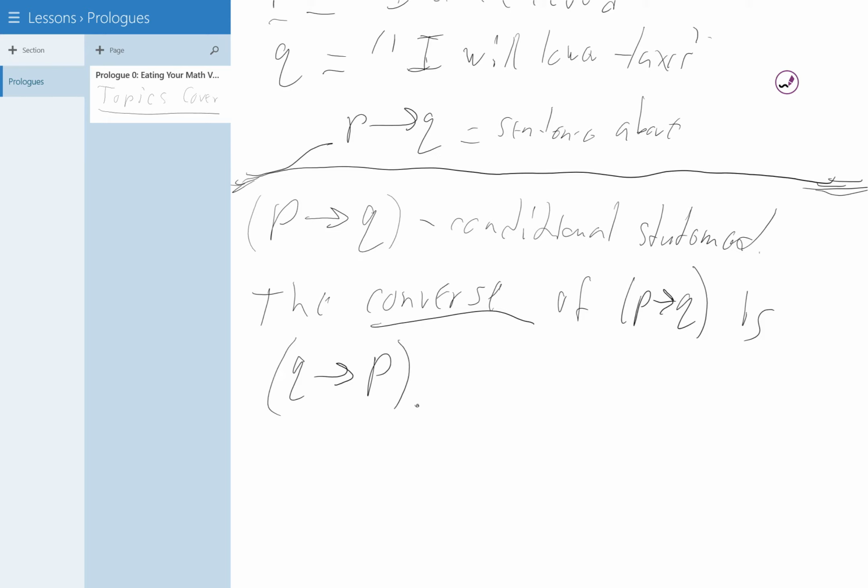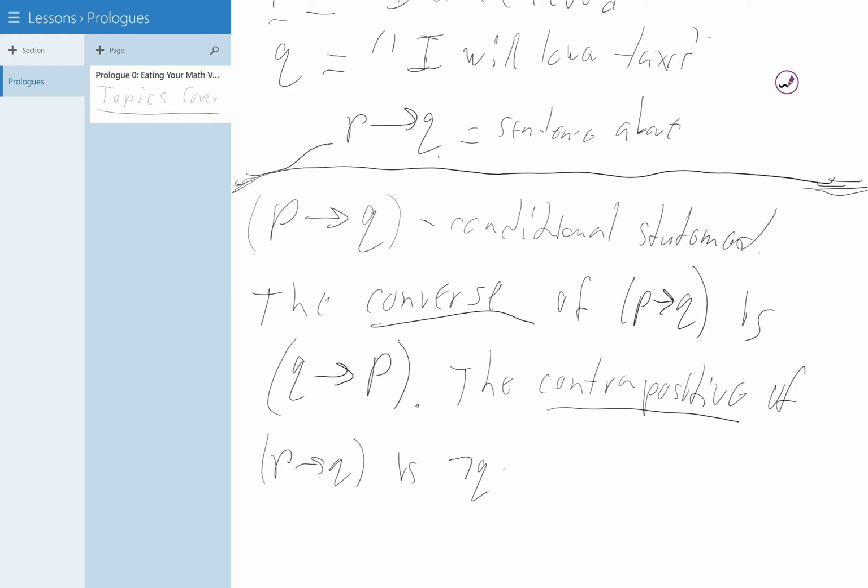Converse of P implies Q is Q implies P. The contrapositive of P implies Q is not Q implies not P. Okay?